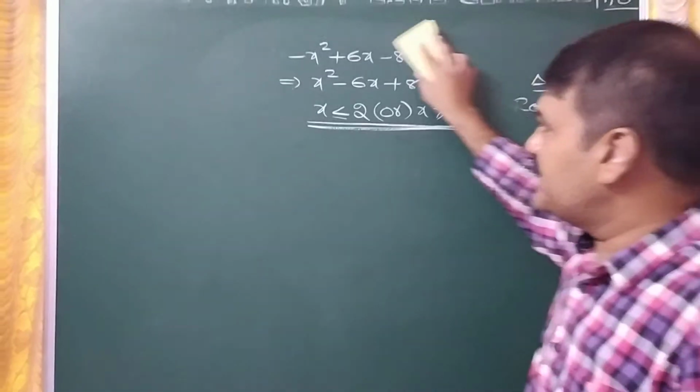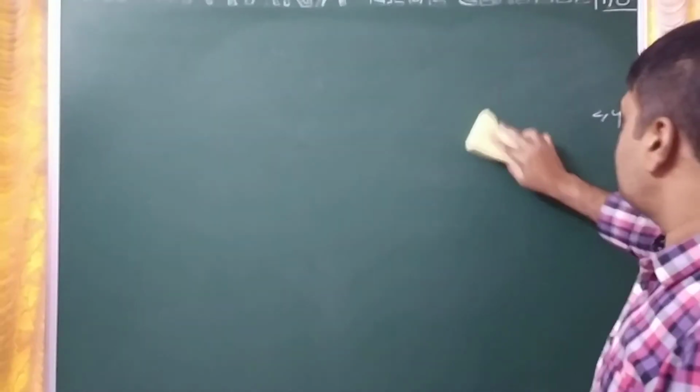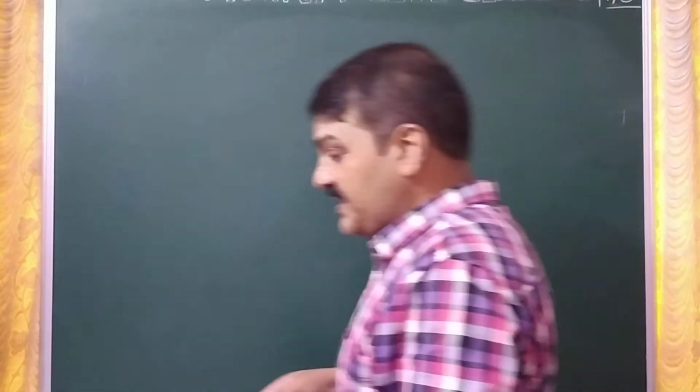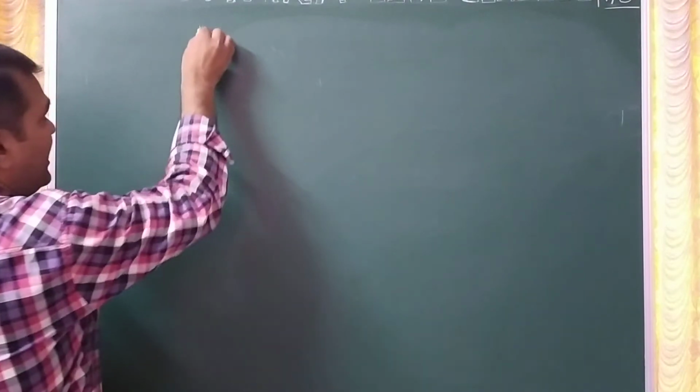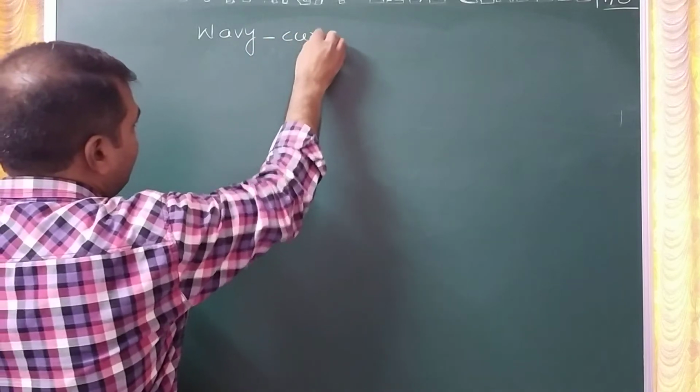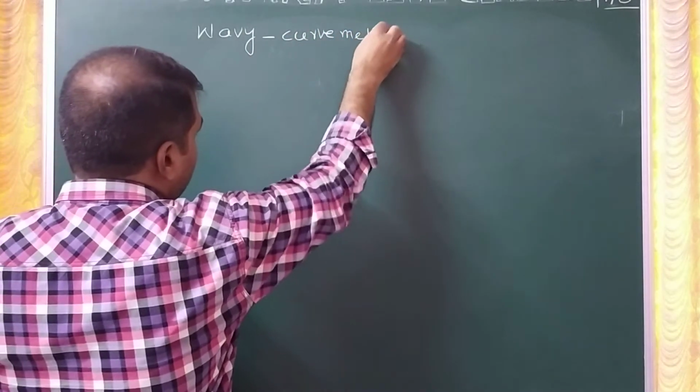Now we will discuss the solving procedure for inequalities which are of higher degree than 2. If we have inequalities of higher degree than 2, we have a simple shortcut procedure called the wavy curve method.